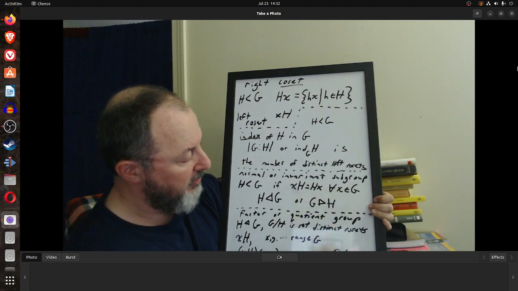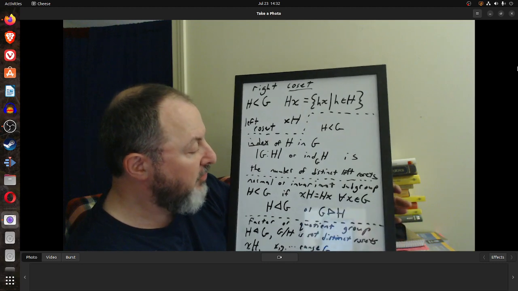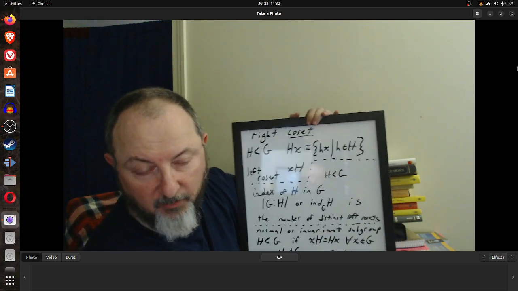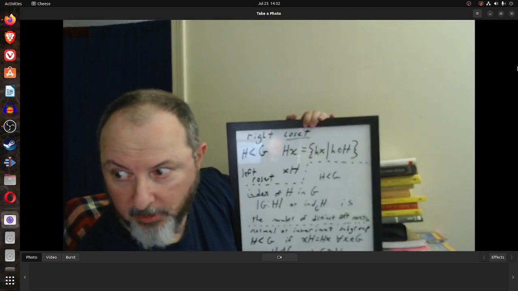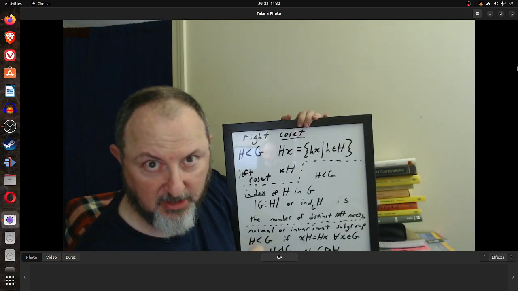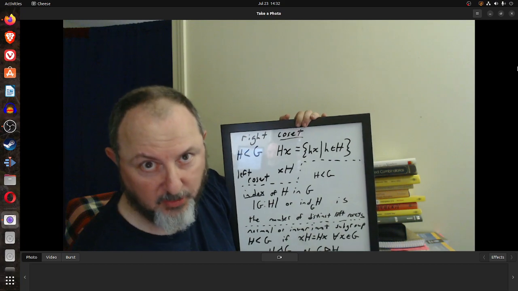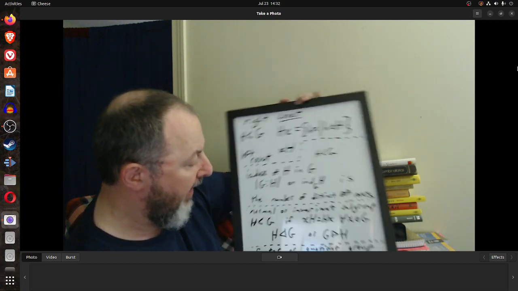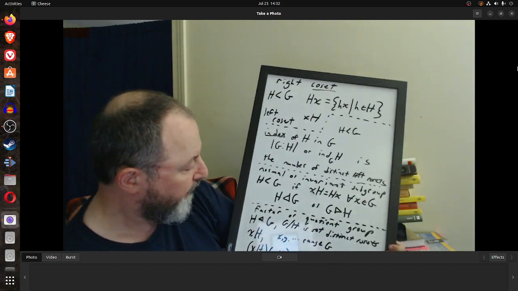You just reverse the triangle. So H is normal in G if all the left cosets for a particular element in G match the right cosets for that particular element in G.